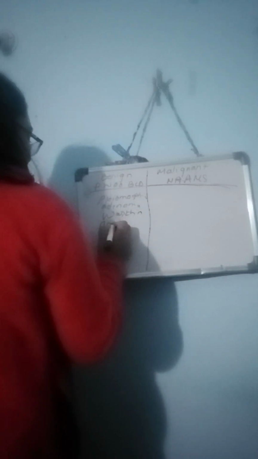P stands for pleomorphic adenoma, and W stands for tumor of Warthin. O stands for oncocytoma, and the other O is others, which is 10%. But for the malignant form, others is only 2%.